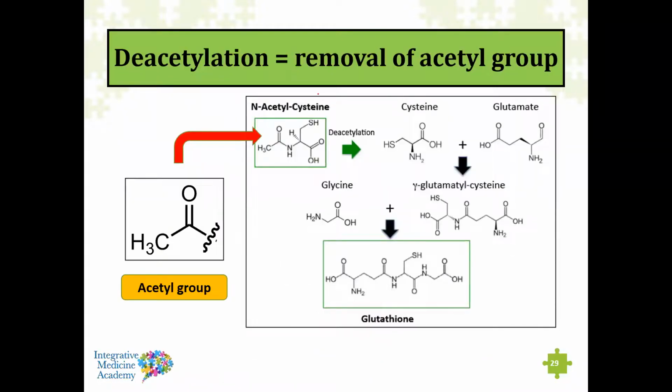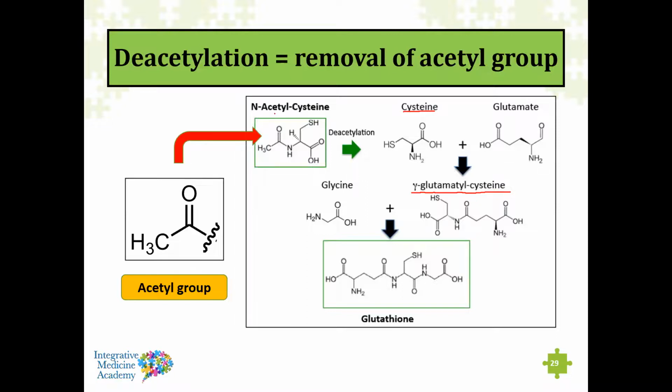So N-acetylcysteine is a precursor to cysteine, right? So we've got cysteine plus glutamate plus glycine makes glutathione. We know that there are a lot of enzymes in between, and we need ATP in order to make it happen. We know that gamma glutamylcysteine is a really central point in glutathione production, and that this can be taken out, as I just mentioned, by acetaldehyde.